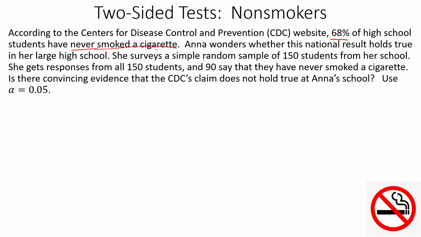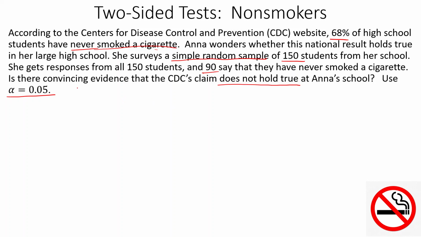She surveys a simple random sample of 150 students from her school. She gets responses from all 150 students, and 90 say that they have never smoked a cigarette. Is there convincing evidence that the CDC's claim does not hold true at Anna's school? Use alpha equals 0.05.